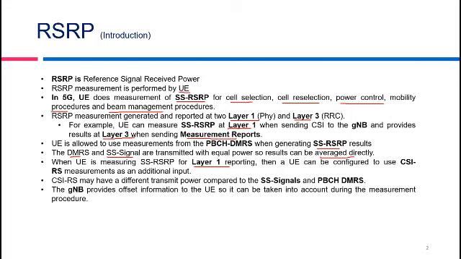CSI-RS are channel state information reference signals and can use additional inputs in terms of offset. If CSI-RS have a different transmit power compared to the SS signals and the PBCH DMRS signal, then the gNB in 5G can provide the offset information to the UE so that it can be taken into account for the measurement procedures.